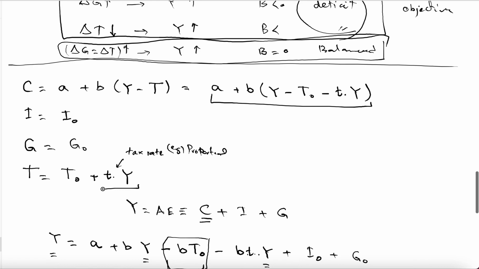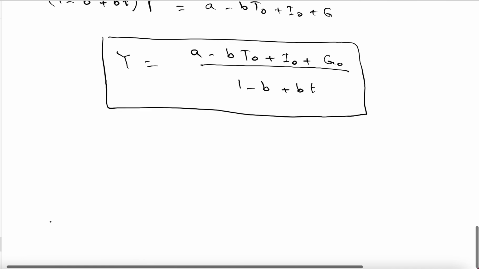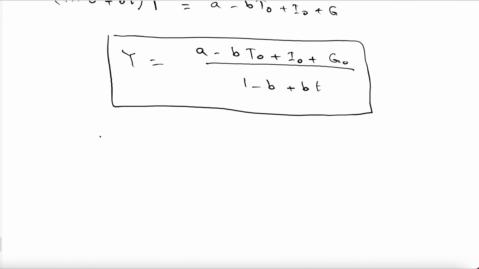If we have proportional tax plus a lump sum tax, then the multipliers are going to be different. The multiplier in the simple model was 1 over 1 minus B for A, I0 and G. In the new model, it's going to be 1 over (1 minus B plus B times the tax rate).